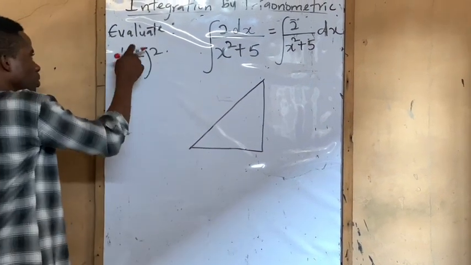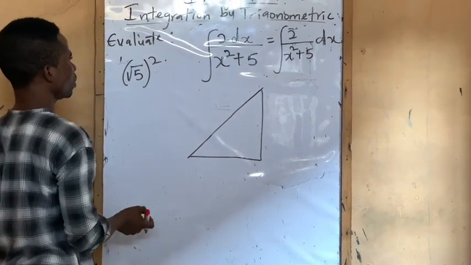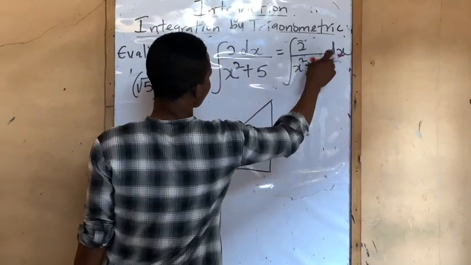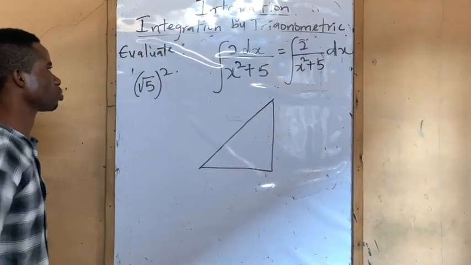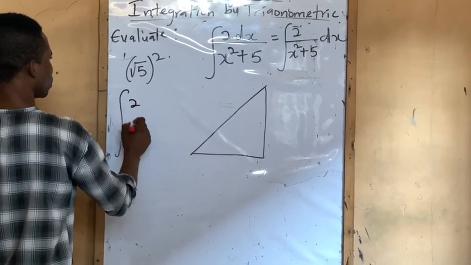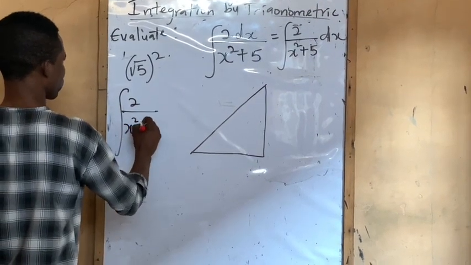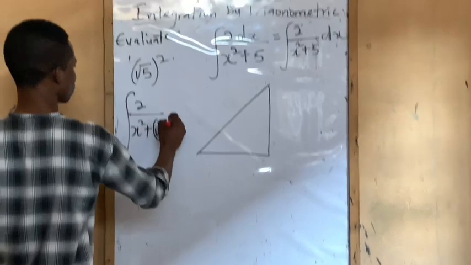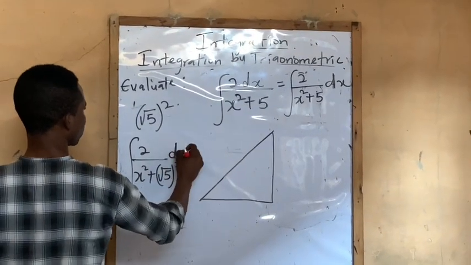But this, you cancel this. So I'm writing the same thing, because they must have a square for this thing to work out. That means it has become something like this: 2 all over x squared plus root 5 squared dx.